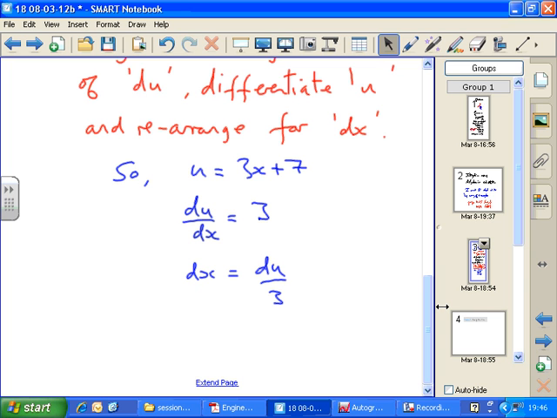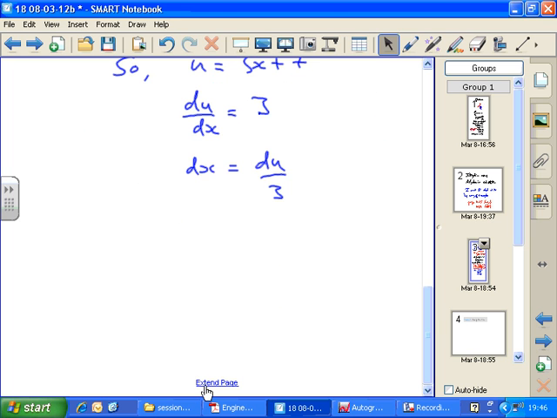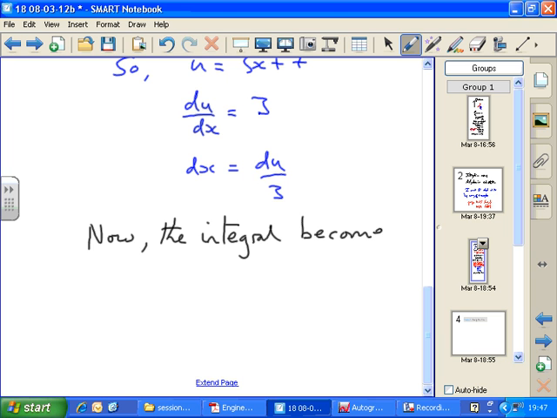Now, instead of dx in the integral, we can write du over 3. Now the integral becomes the integral of cos u times du over 3.